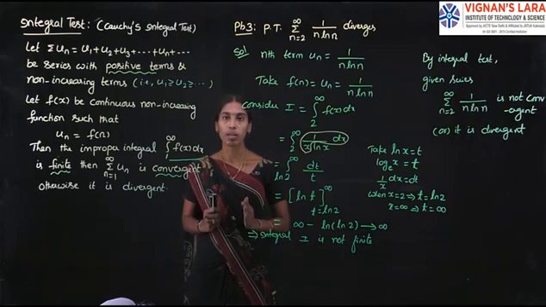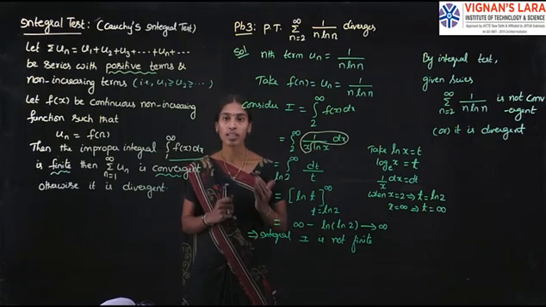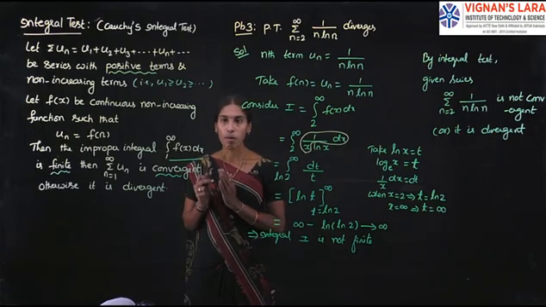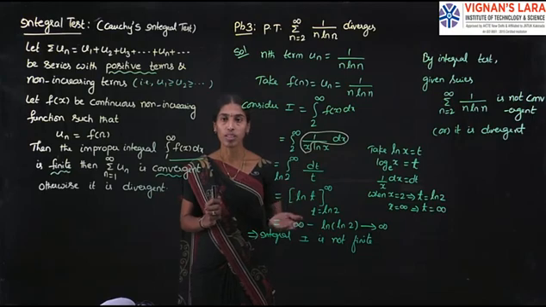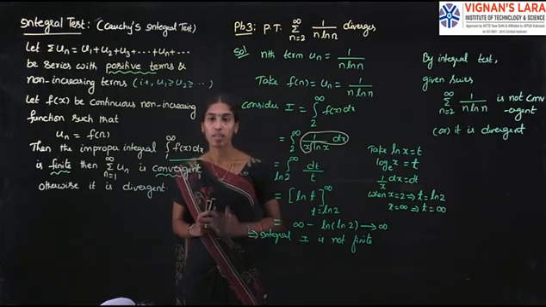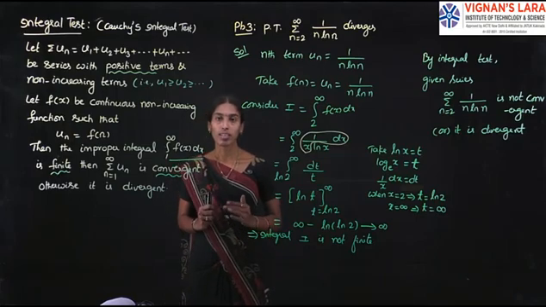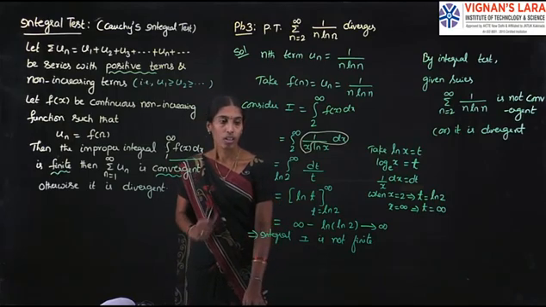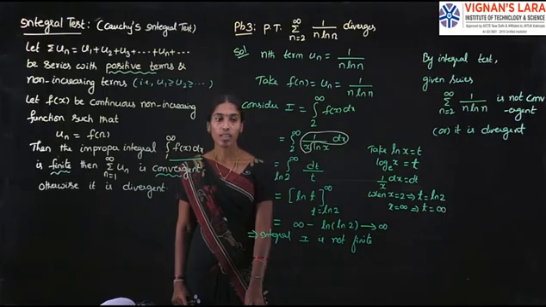Suppose the series is an alternating series, meaning some of the terms are positive and some are negative, then we have a separate test. We call it the Leibniz test. In the next session, we will see how to find out the nature of the alternating series, right?